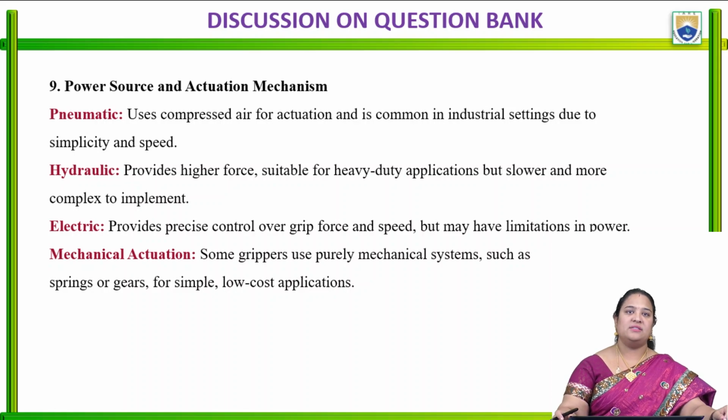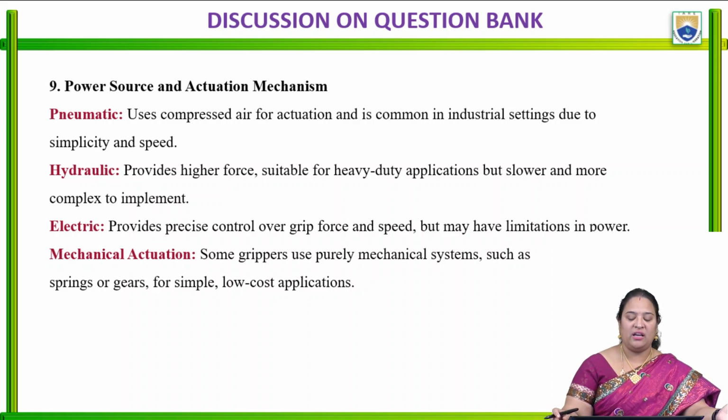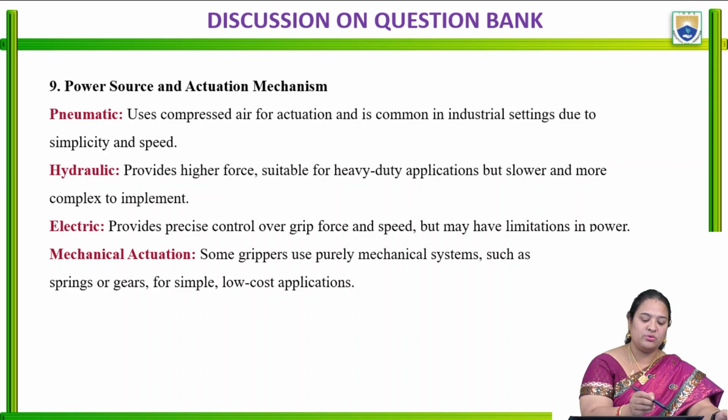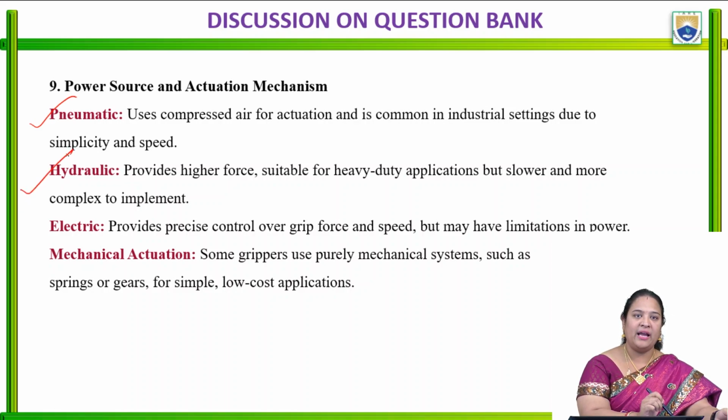Right. Next is the power source. How is power delivered to the end effector for its movement? That particular power source will be provided with the help of actuators. That is, it may be a pneumatic actuator, or a hydraulic actuator, or an electrical or mechanical one. Again, depending upon the type of the application, we will be using a particular type of actuator.